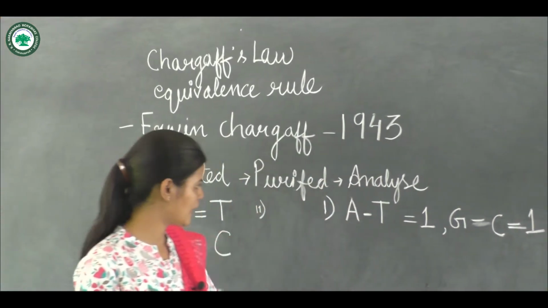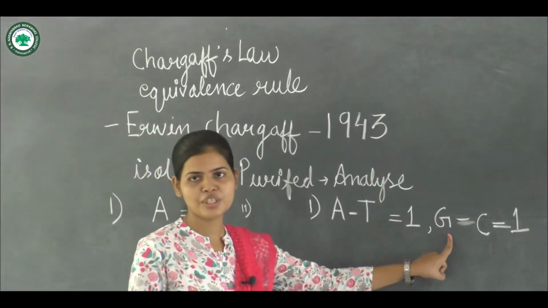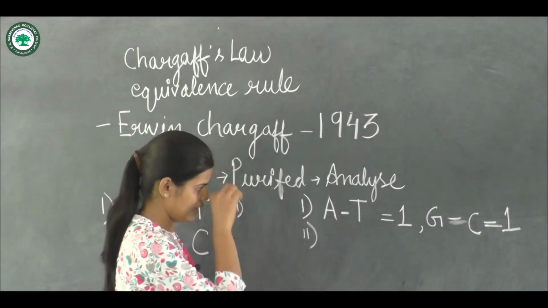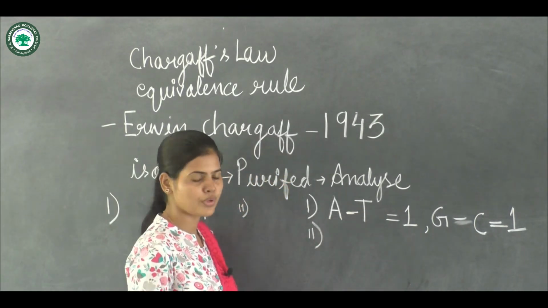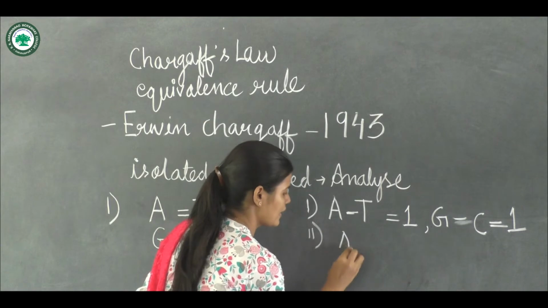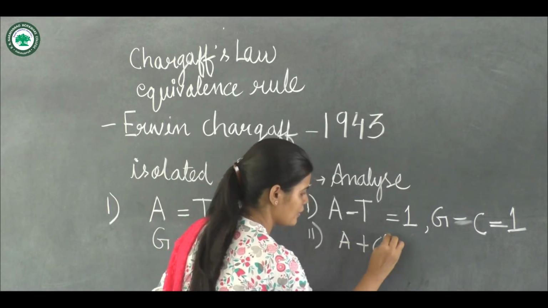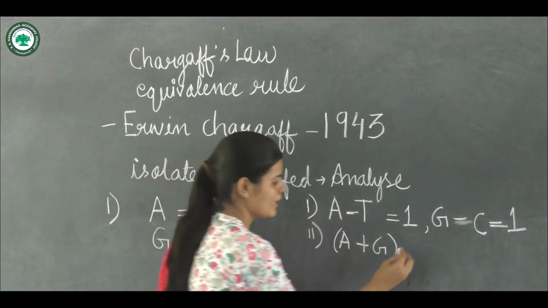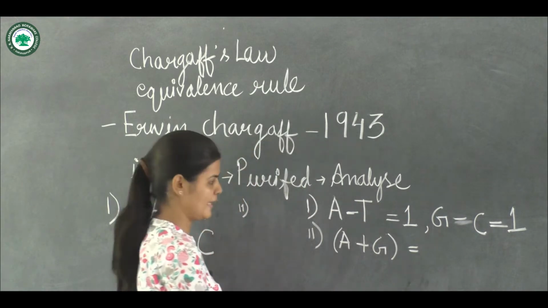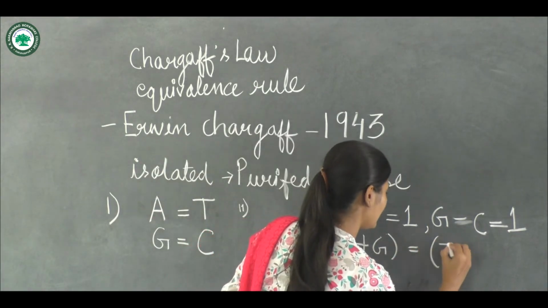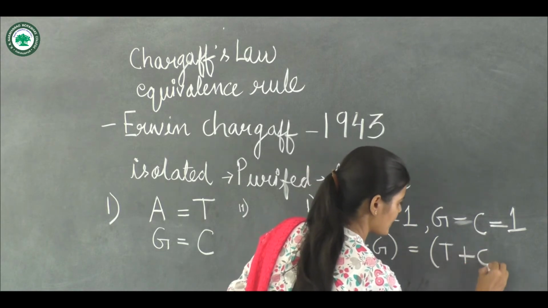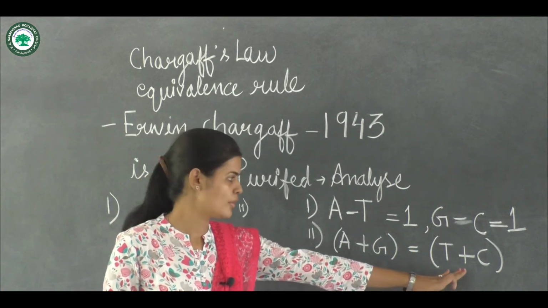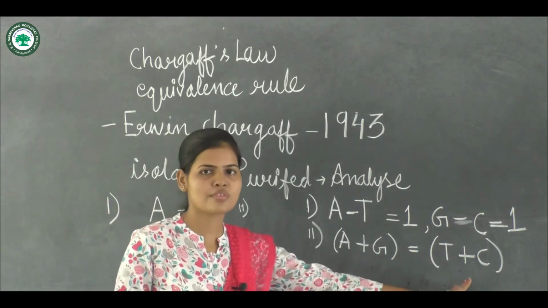Second, the number of purines, that is A plus G, is equal to the number of pyrimidines, that is T plus C. So the sum of purines is equal to the sum of pyrimidines.